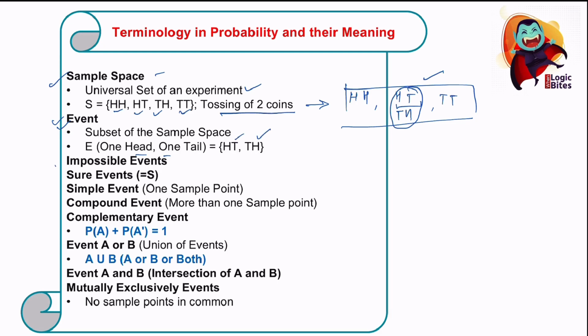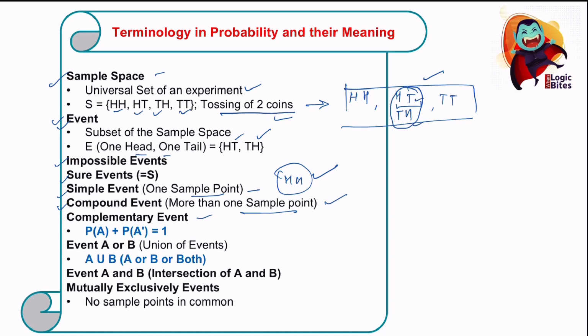Then there are the impossible event, which is not possible, the sure event, which is 100% going to happen, and the simple event, in which there is only one sample point. Like if we toss two coins and want two heads, there will be only one sample point. A compound event is one in which we get more than one sample point. Again, in the tossing of two coins, if we get one head and one tail, there will be two cases, head tail and tail head. So this is a compound event.